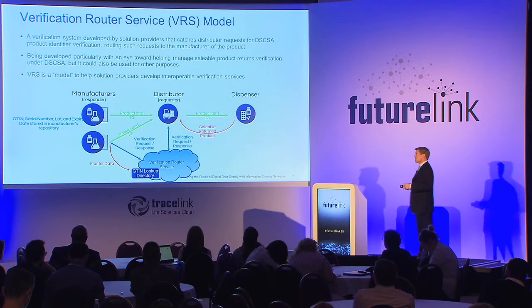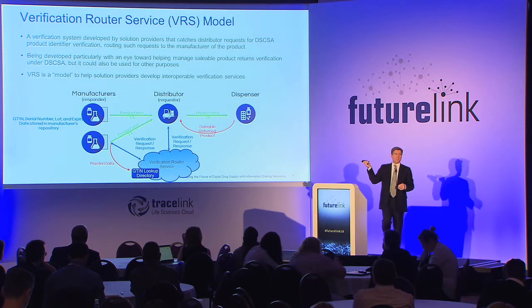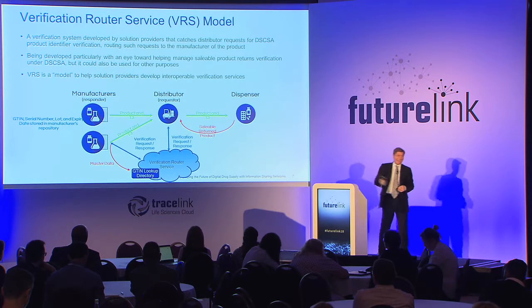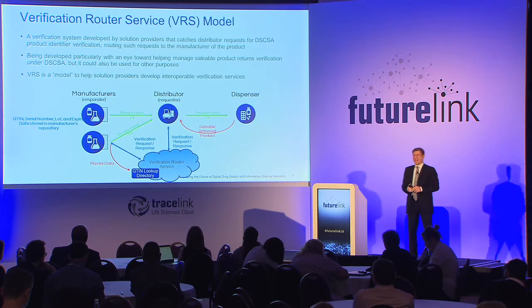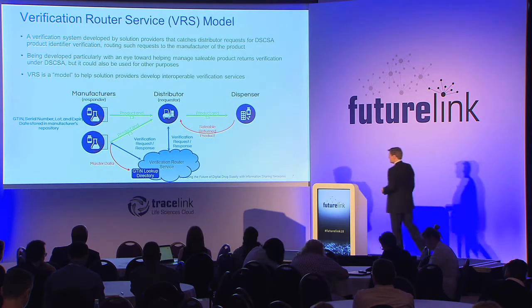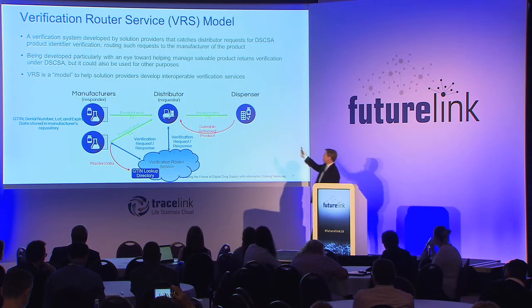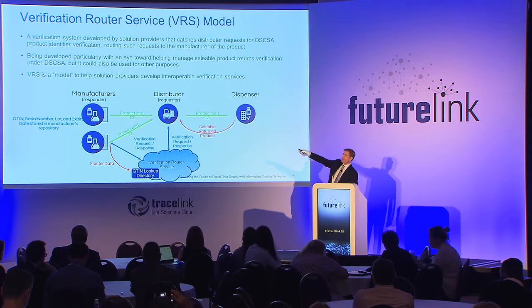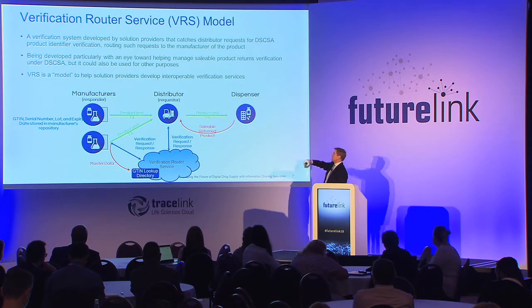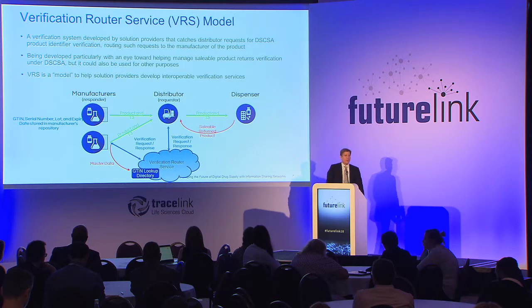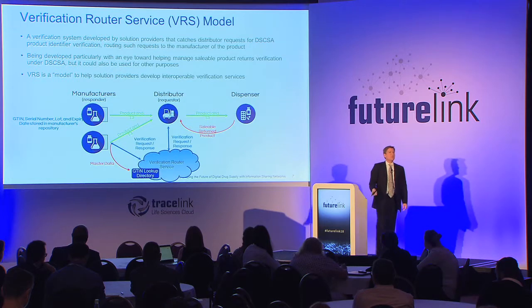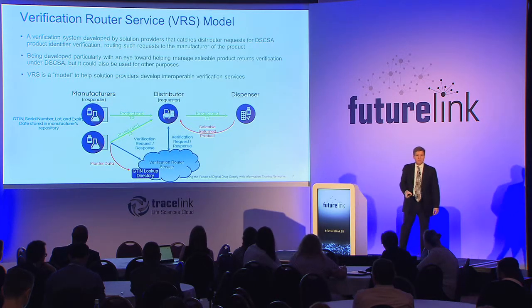And really simply, this is the architecture diagram. The technical diagram is a little more complicated. But fundamentally, it says, if I am a distributor and I sell my product, let's say manufacturer B on the bottom sells the product to the distributor, and they sell it to the dispenser, and the dispenser returns it, and it's saleable.